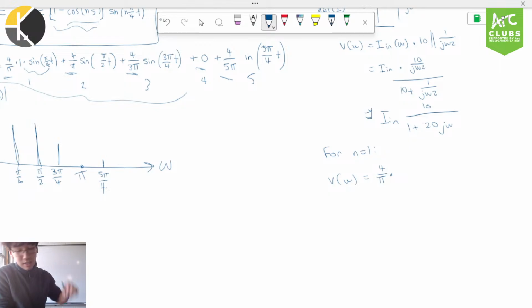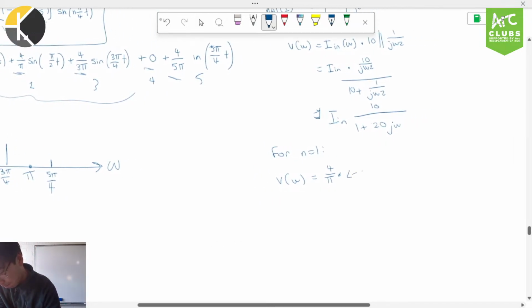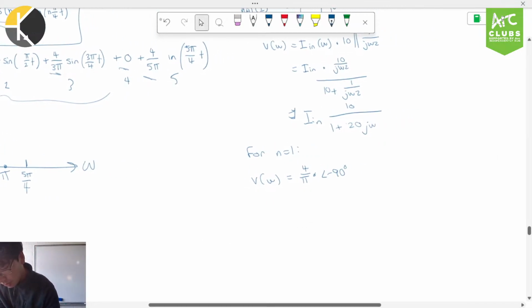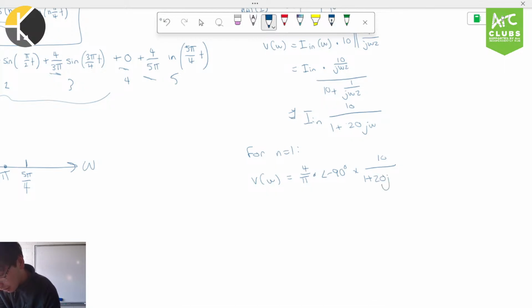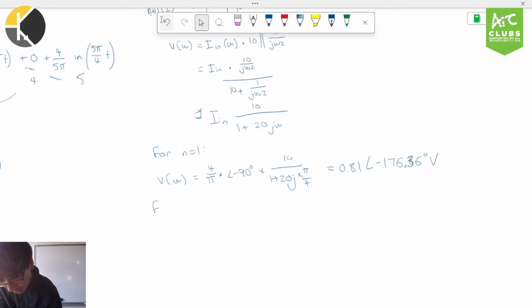I'm going to express sine as -90, noting that I'm going to express my final signal in terms of cos. So that is I_in multiplied by the transfer function that we've found, where omega is pi on 4. That would give us 0.81 with an angle of minus 176.336 degrees, and we would repeat that for each harmonic to follow.